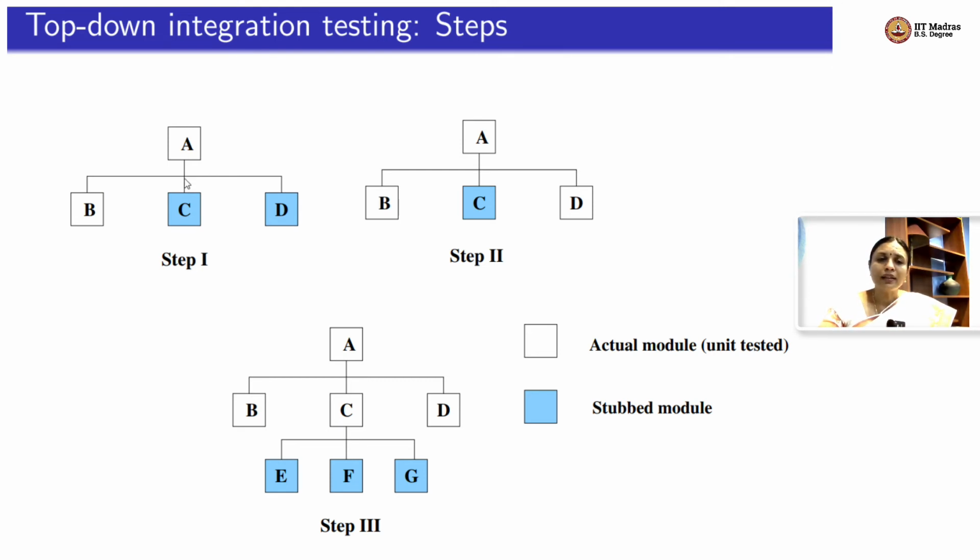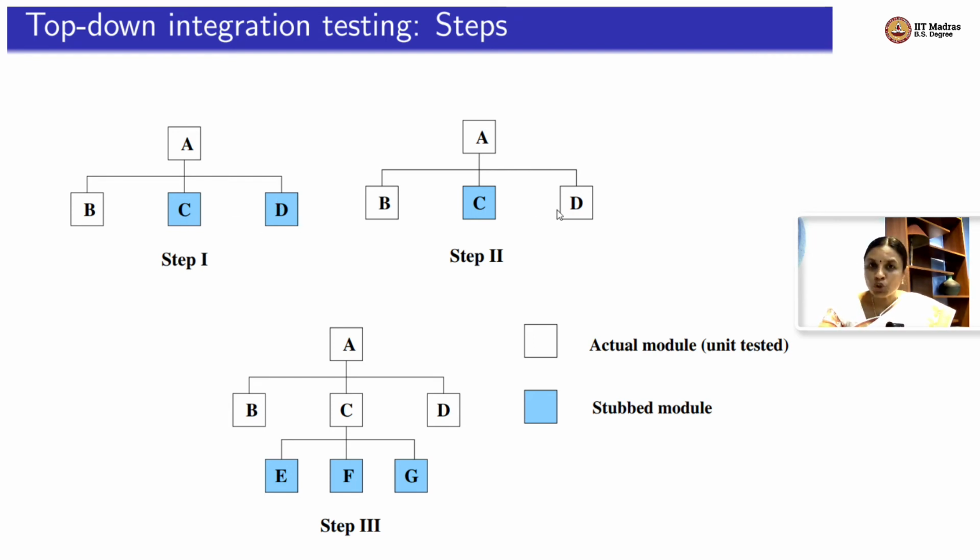So I can test the interfaces from A to B, but let's say C and D are not yet ready. So I develop some stubs for C and D to be able to test the interface between A and B. I may not develop stubs for C and D if the interface between A and B is a standalone interface, not dependent on C and D. But if it's dependent on that, I develop stubs.